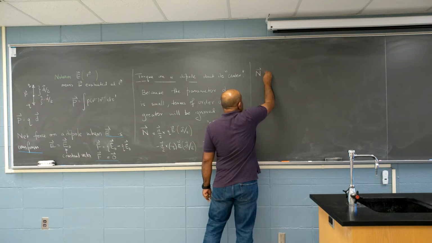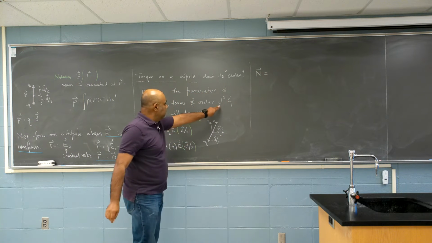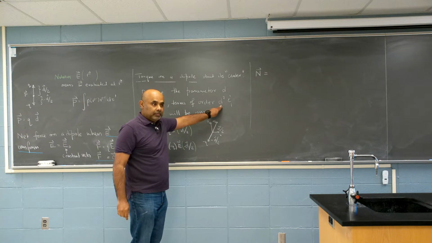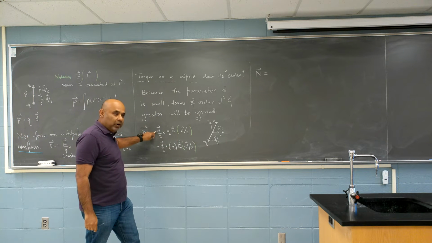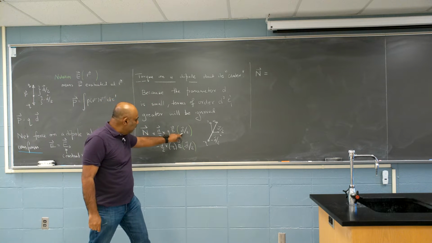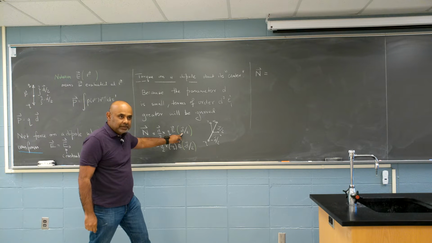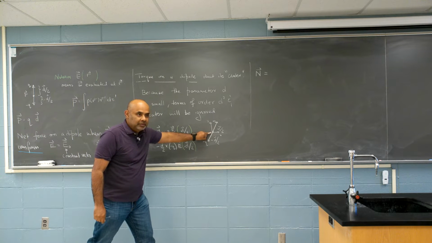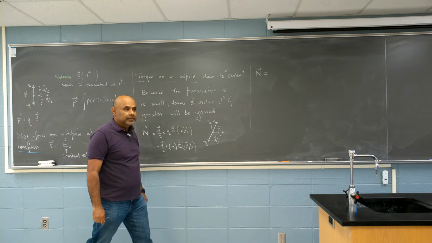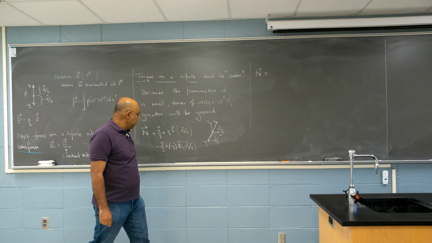And let me also be consistent with this d squared term. This has a d already, so I don't want any d dependence. So I can Taylor expand it and just evaluate it over here. We're evaluating the torque at the center.